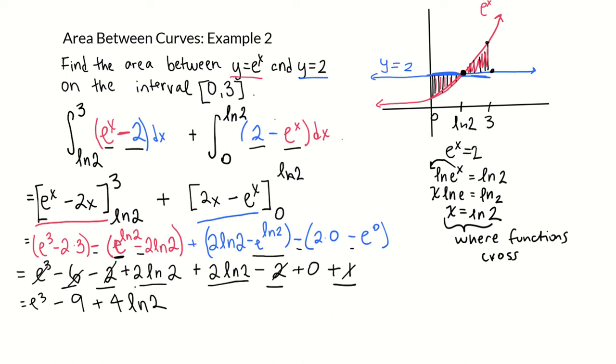And then we can make one little change here. If we have a number in front of a logarithm, we can pull that number up to be an exponent, so we would have ln of 2 to the 4th, or ln of 16. So our final simplified answer is going to be e to the third minus 9 plus ln of 16.